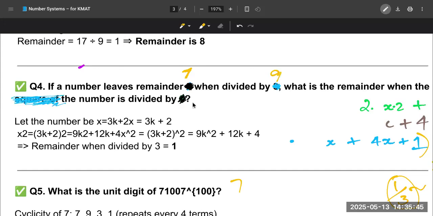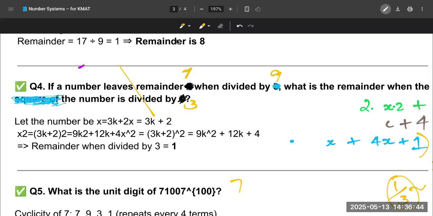What is the remainder when the same number is divided by 3? So the remainder is 7. It is not divisible by 9. When it is divided by 9, the remainder is 7, or when you subtract 7, it is divisible by 9.